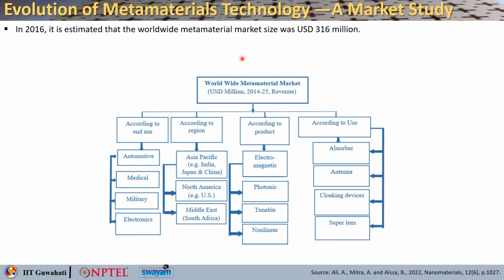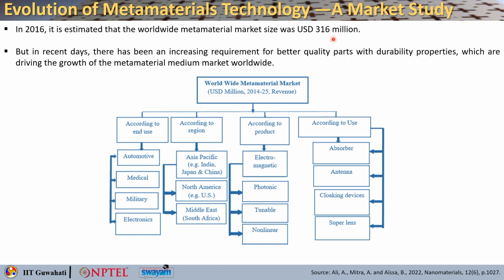So, in 2016, there was a market study that presents the worldwide metamaterial market, and the estimate showed that the market size in 2016 was around 316 million. But in recent days, there has been an increasing requirement of better quality parts with durability properties.